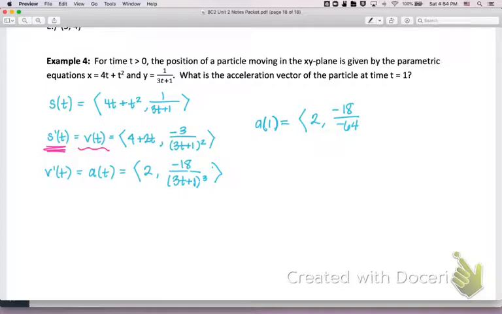When we do this chain rule, this 18 ends up positive because you multiply by a negative 2 power. So that should be a positive 18, and that is a positive 64. And that reduces down to 2 and 9 over 32. That is our acceleration vector, okay?